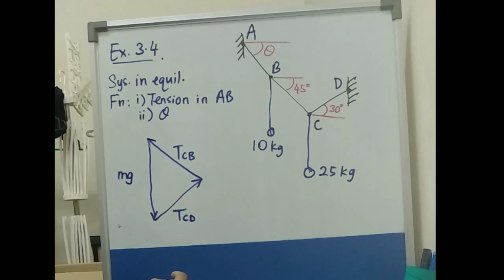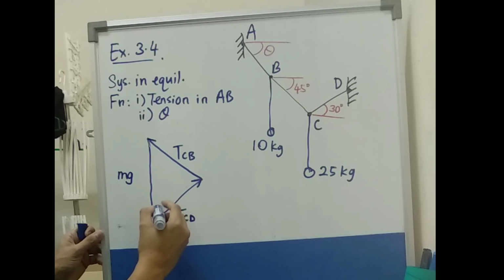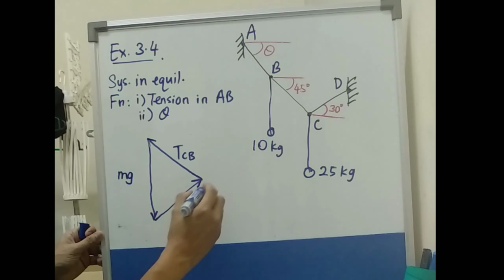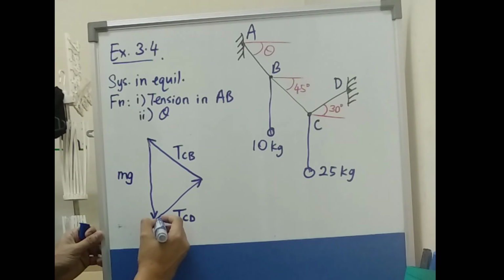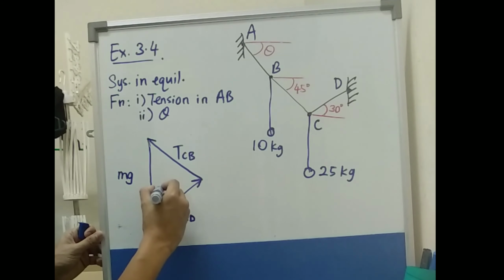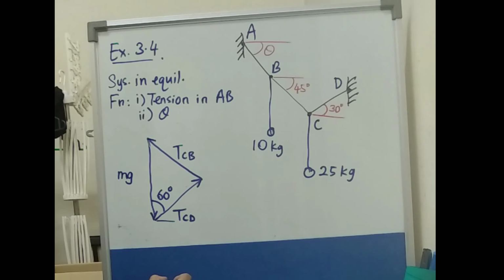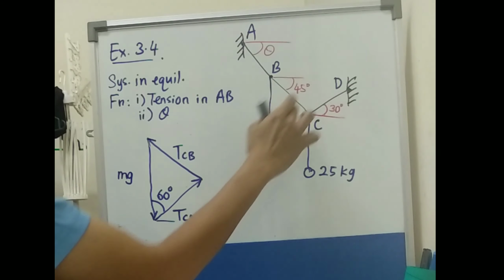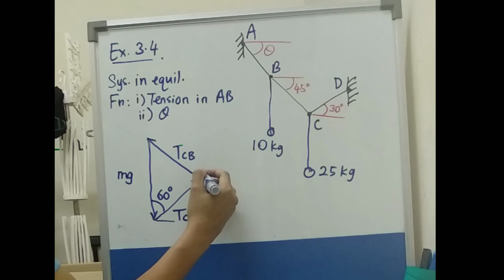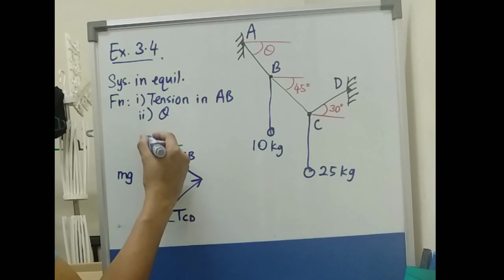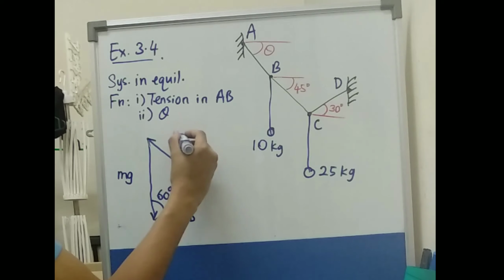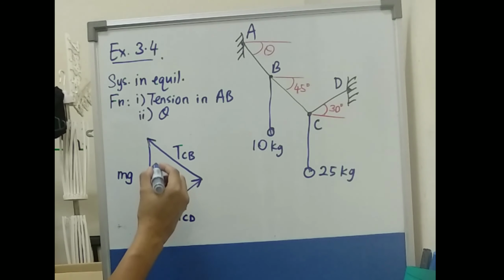So you have the system, and this is the 30 degree angle. Then we have the weight, which is vertical, so this will be 60. And then we have the 45 degree angle from point B to TCB, so the other is also 45.